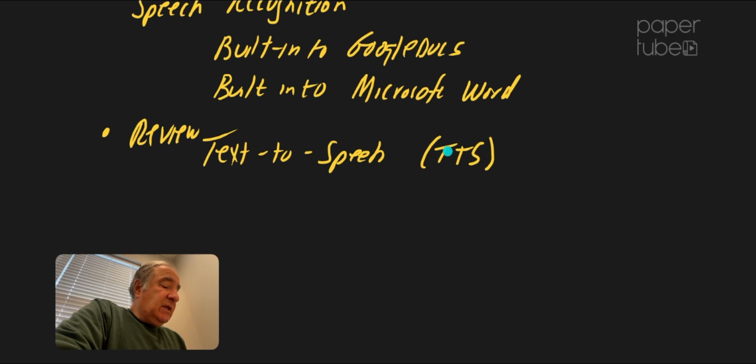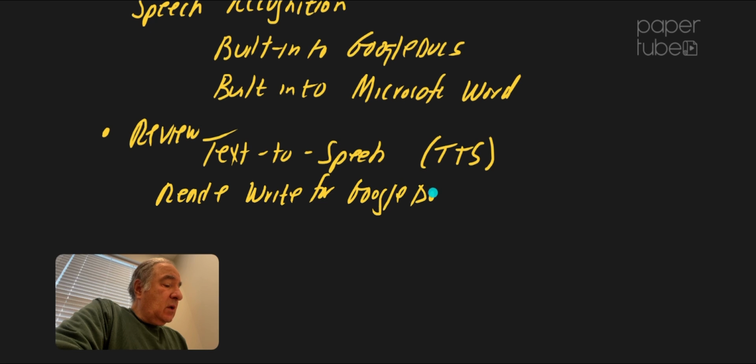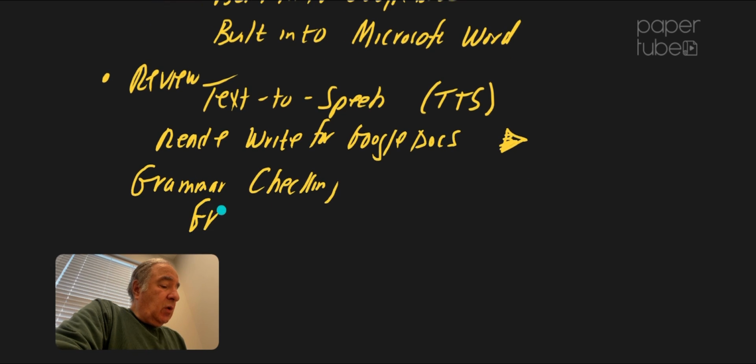You might see it as TTS, and a program like Read&Write for Google Docs has that built in, and on the toolbar it might look like a play arrow. And of course, students can also take advantage of grammar checking using programs like Grammarly, or using some of the tools that might be found in Microsoft Word.